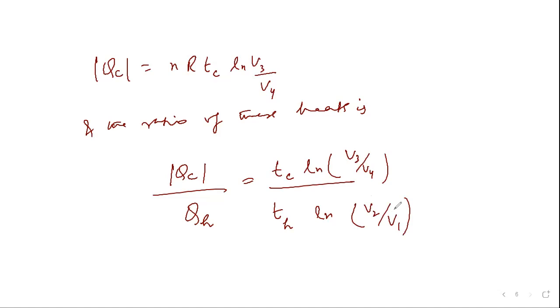QC by QH is TC by TH times the natural log of V3 by V4 divided by the natural log of V2 by V1.